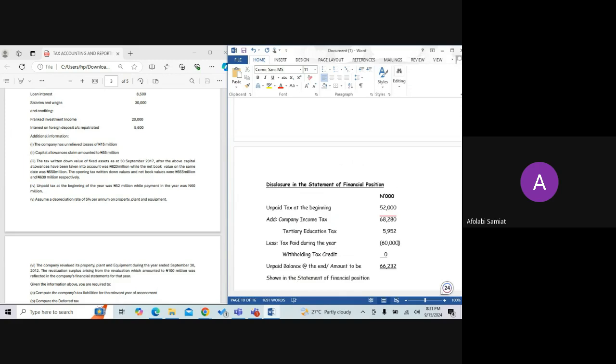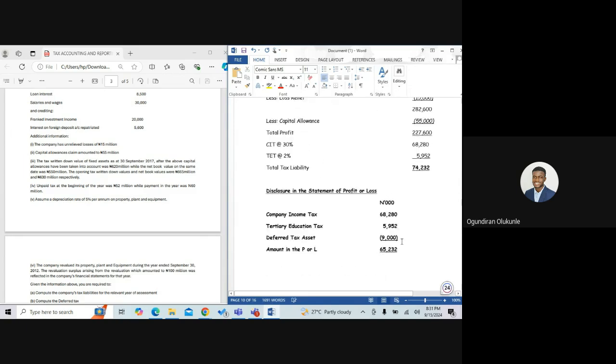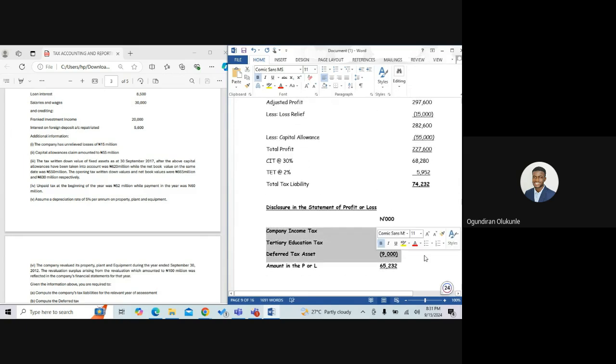Okay, withholding tax. Yeah, we're doing tax credits because there was no withholding tax credit during the year. Right. So let's move on to the next thing.